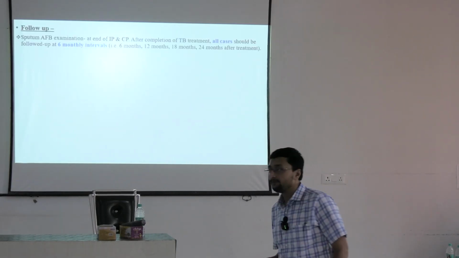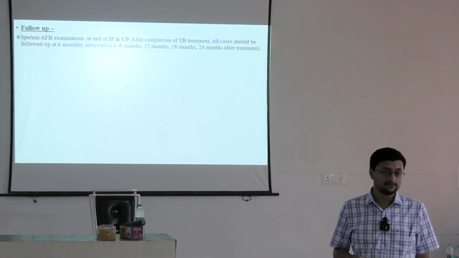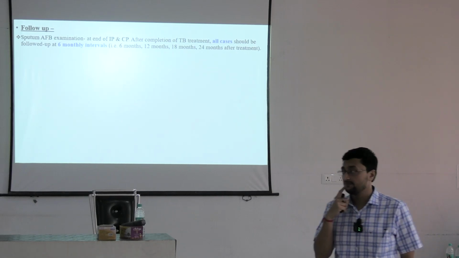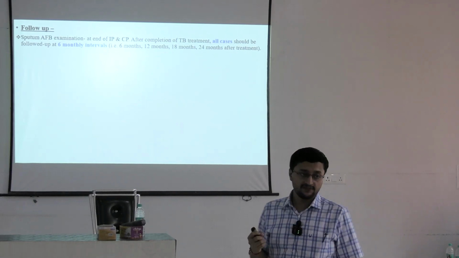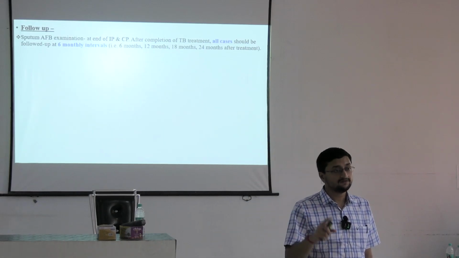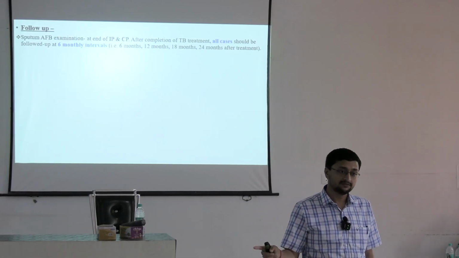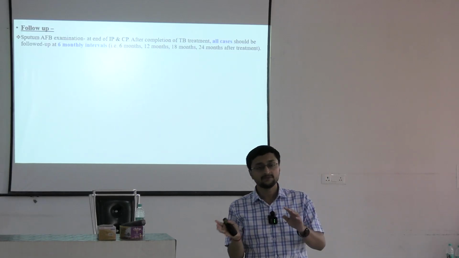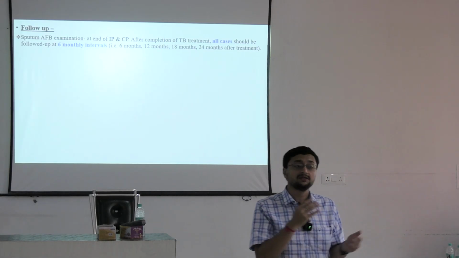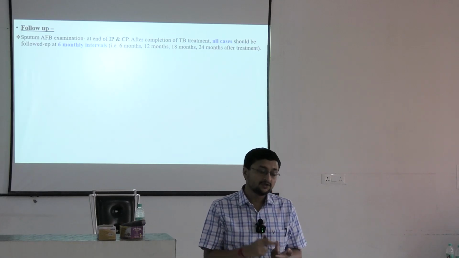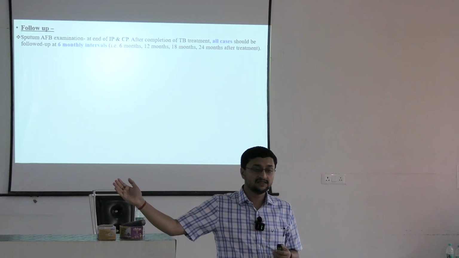So how to follow up a patient of sputum smear positive tuberculosis? In case of pulmonary TB, the sputum smear examination should be done at the end of IP and at the end of CP. This was the previous regimen, but recently NTEP has advised to lengthen the follow up.